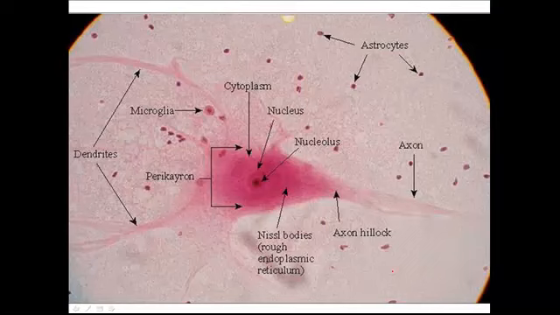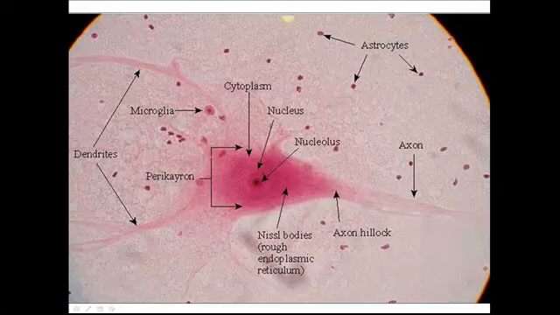Okay, and this is a nerve, and I just thought I'd point out all of the different features so that I can ask them on an exam. These are dendrites. Dendrites are extensions of the body, which are sensory, and they bring in an action potential or information towards the cell body, and then it goes out the axon.